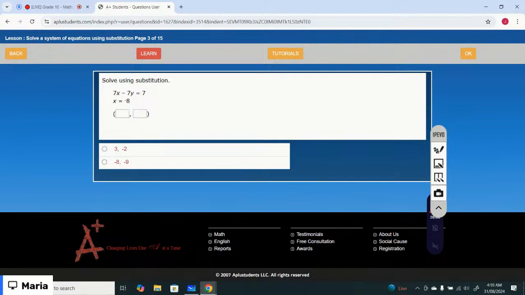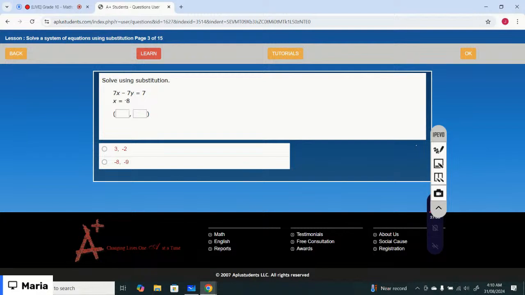Solve using substitution. 7x minus 7y equals 7 and x equals negative 8. So which is the correct option?